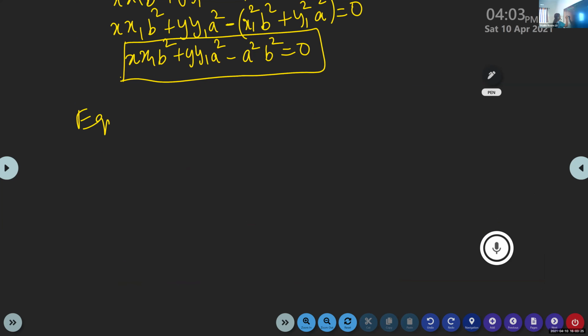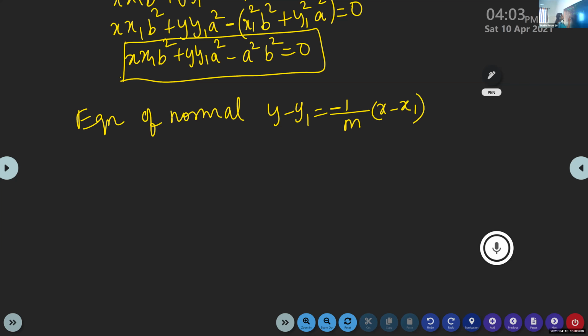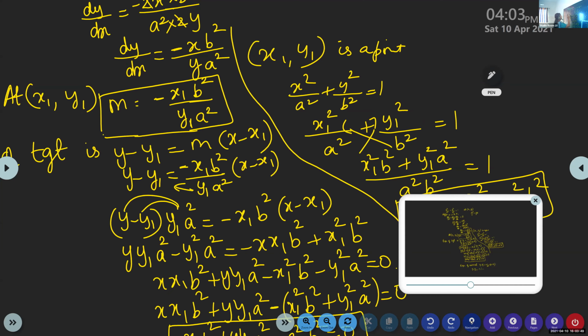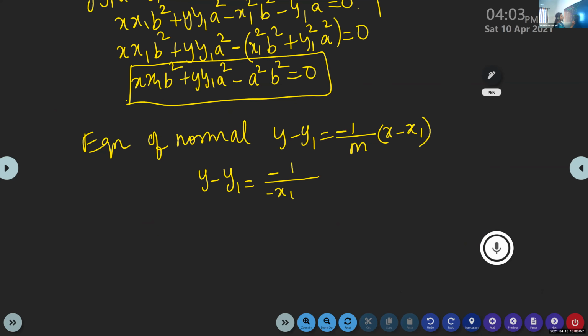Equation of the normal is y minus y1 is equal to minus 1 by m into x minus x1. What is m? In the beginning we have calculated m. M is minus x1 b square by y1 a square. So minus 1 by minus x1 b square by y1 a square into x minus x1.